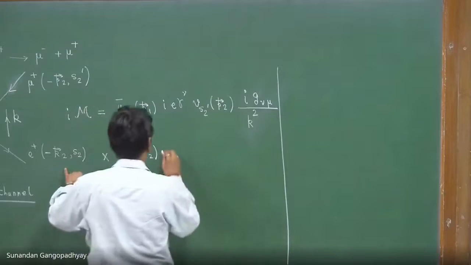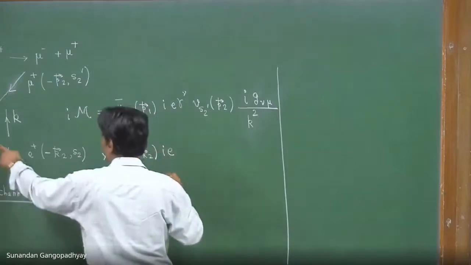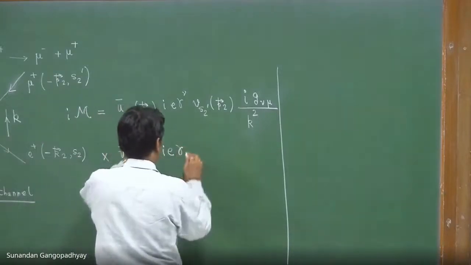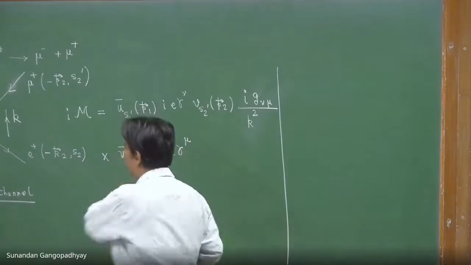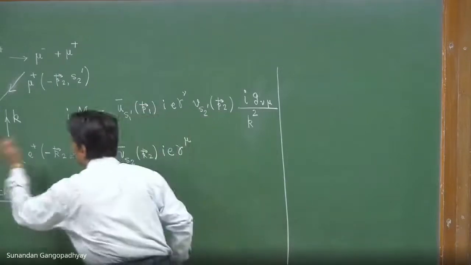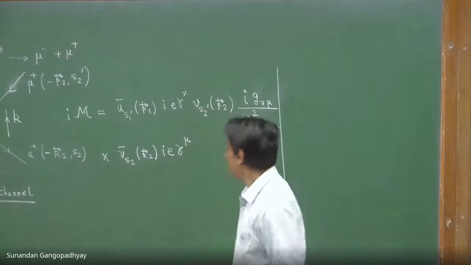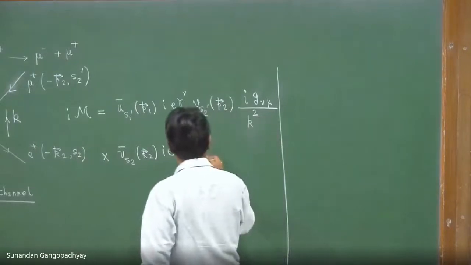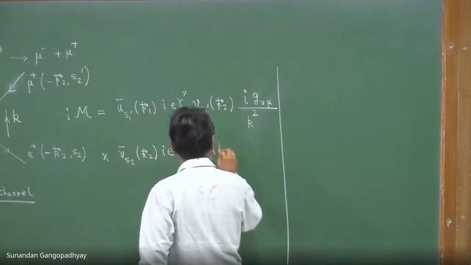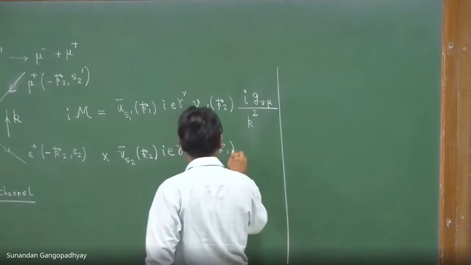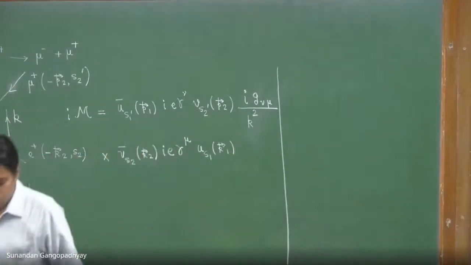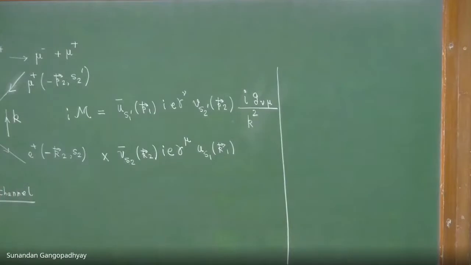Then we have i e, the vertex factor, gamma mu, and then the electron is getting annihilated over here. So we have u s1. So that completes the scattering amplitude for this process.